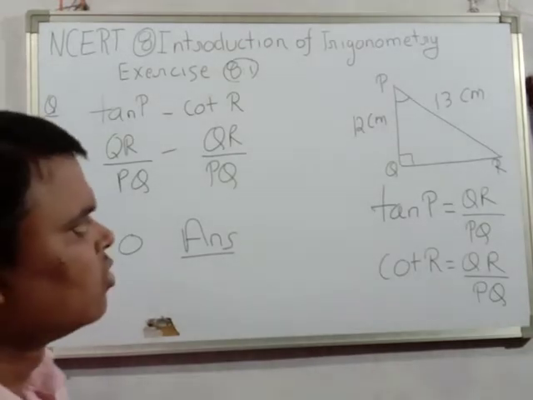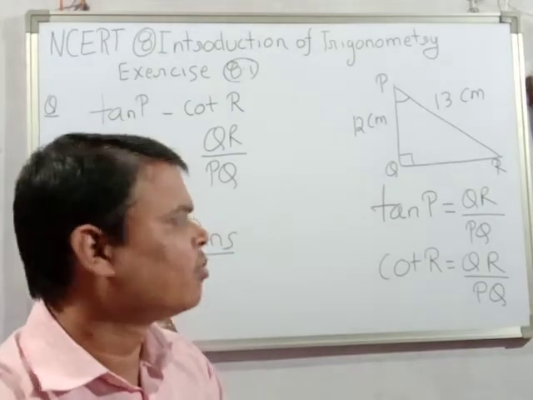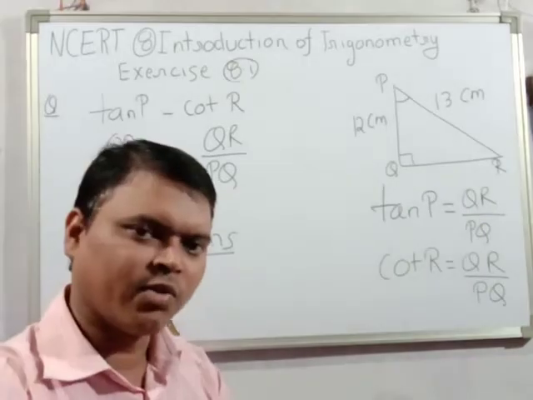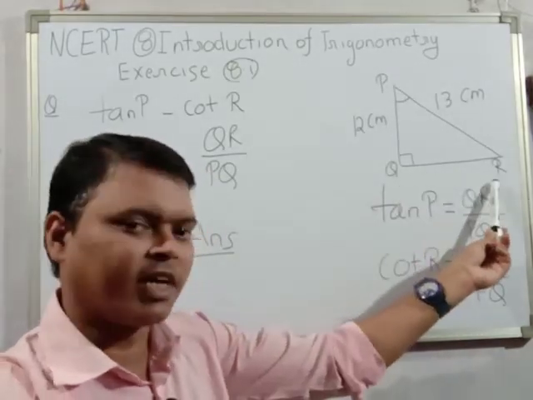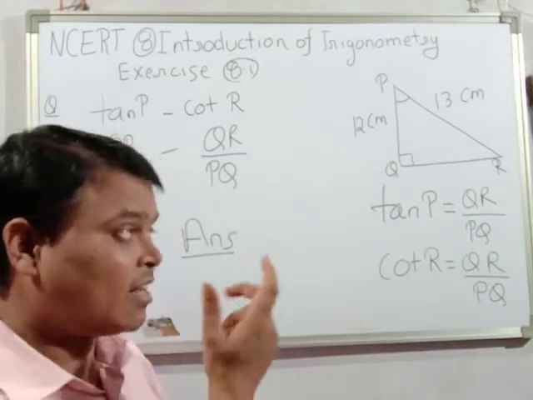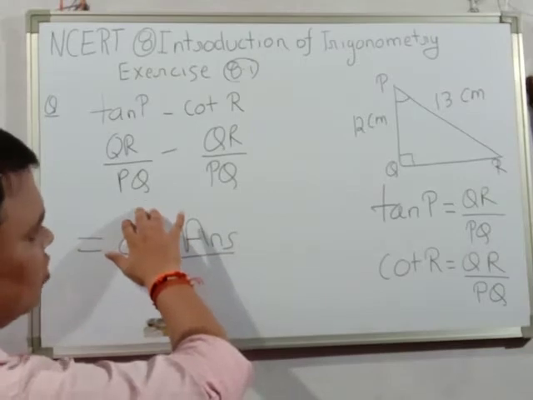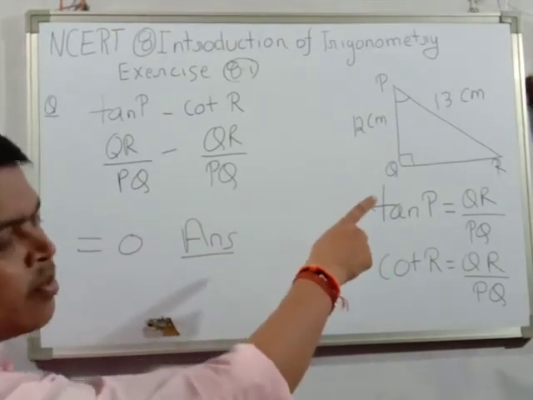You can also solve by another method, using the Pythagoras theorem. Find side QR by using the Pythagoras theorem and write the value here.